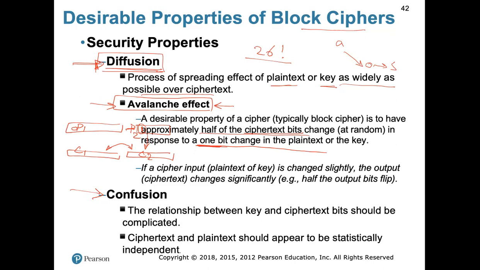Or, if we put it statistically, we can say that ciphertext and plain text should appear to be statistically independent, which again means that I, as an attacker, shouldn't be able to apply some input and extract some relation between input and output, between plain text and ciphertext. So this is the second property that we want to have in encryption algorithms.